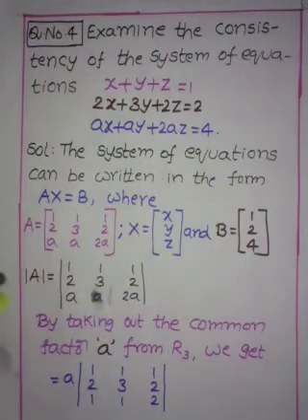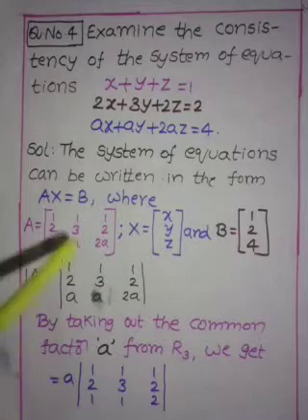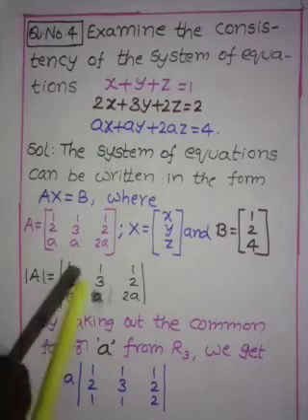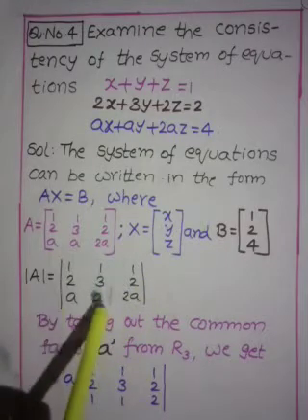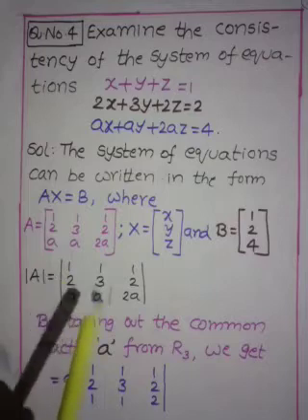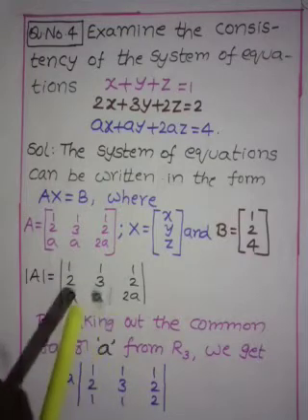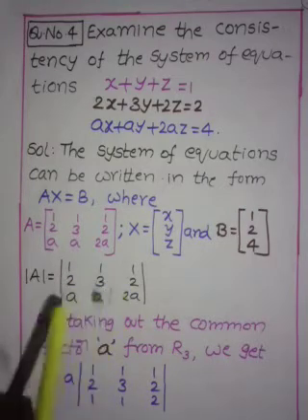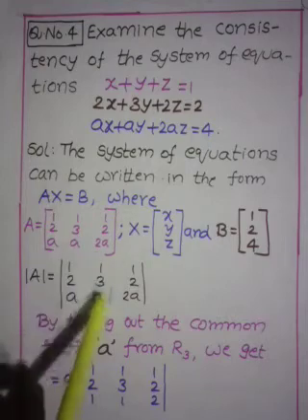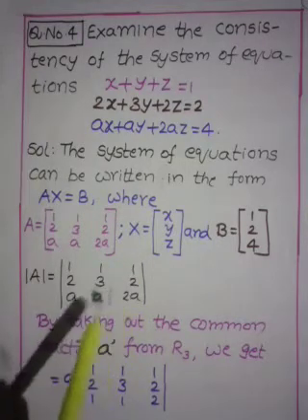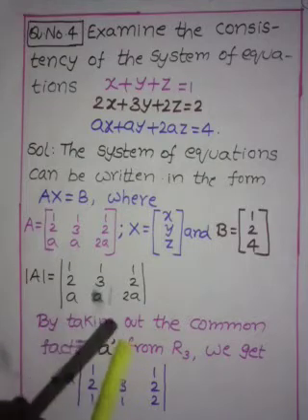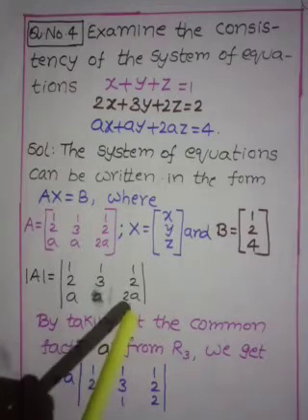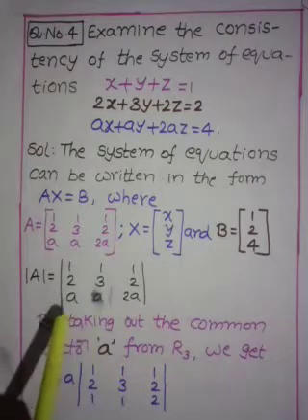The second stage is we have to find det A, the determinant of this coefficient matrix, det [1, 1, 1; 2, 3, 2; a, a, 2a]. You know how to find the determinant of a 3 by 3 matrix. You can expand along R1, R2, R3, C1, C2 or C3. Before that, I applied the properties of determinants. If any factor is common in any row, we can take it out.